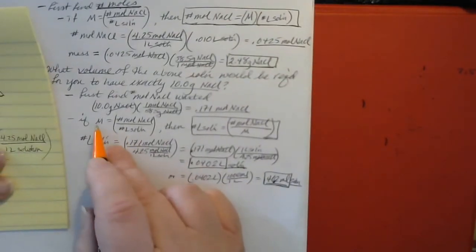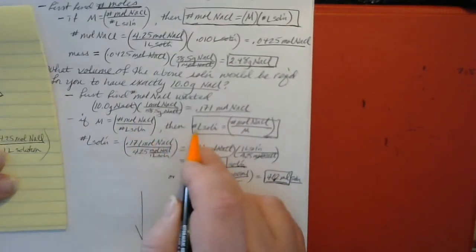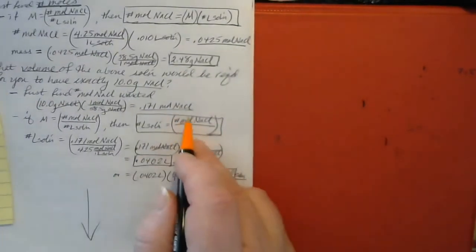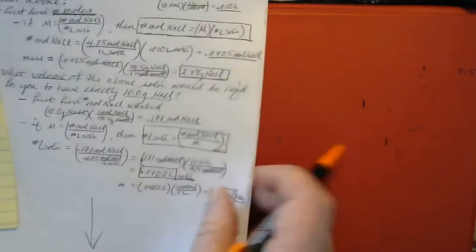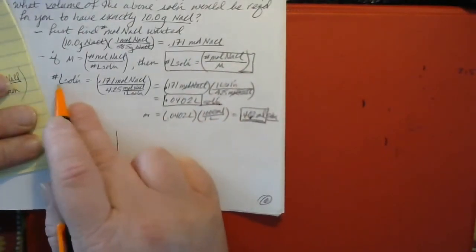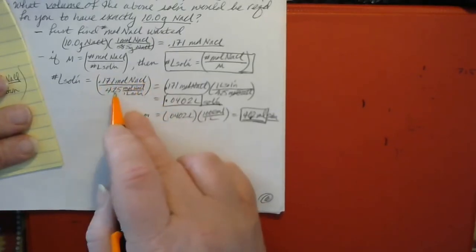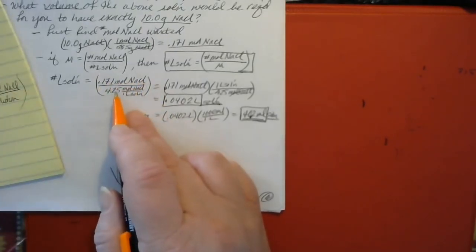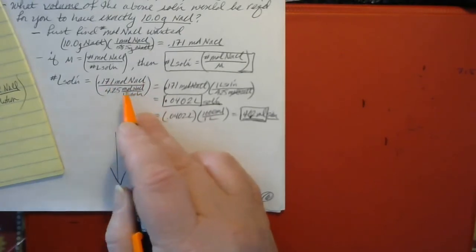And as we saw before, if molarity is the number of moles of sodium chloride divided by liters of solution, then liters of solution would be the number of moles of sodium chloride divided by molarity. So we do that. The volume of solution in liters would be 0.171 moles of sodium chloride divided by 4.25 moles of sodium chloride per liter of solution.